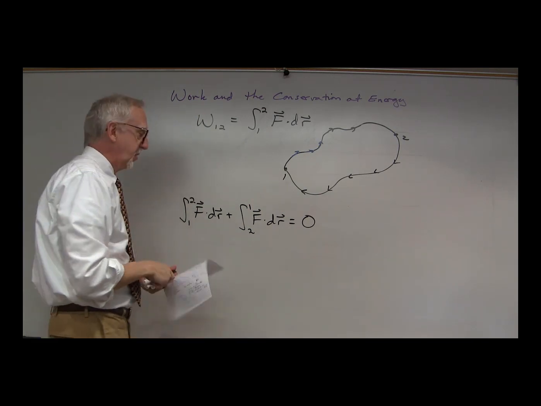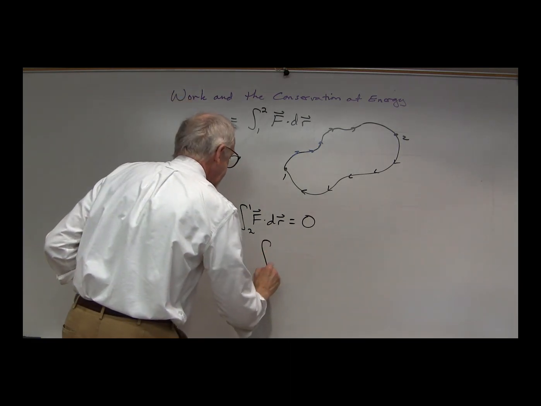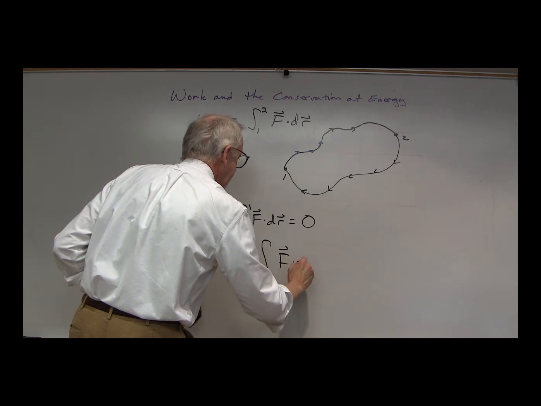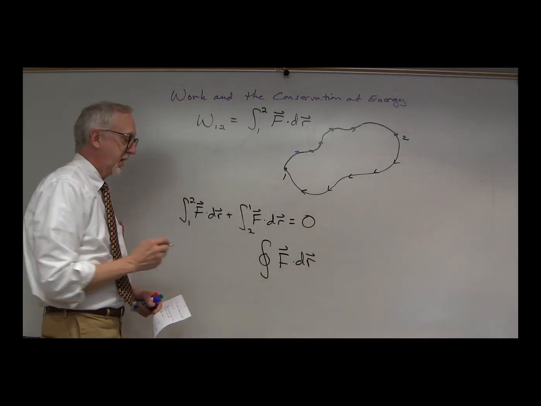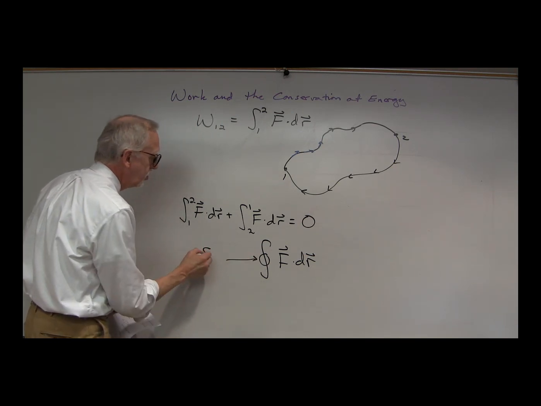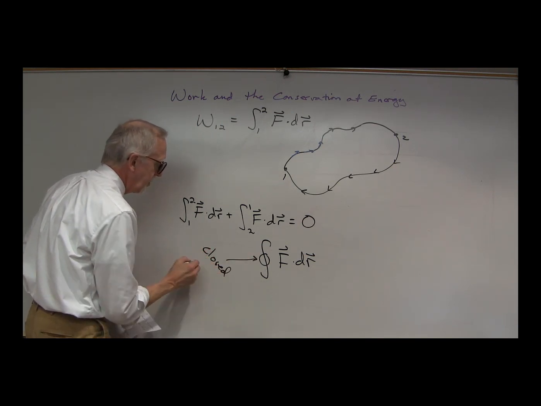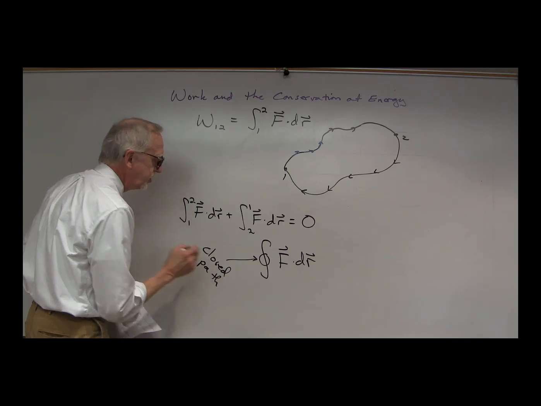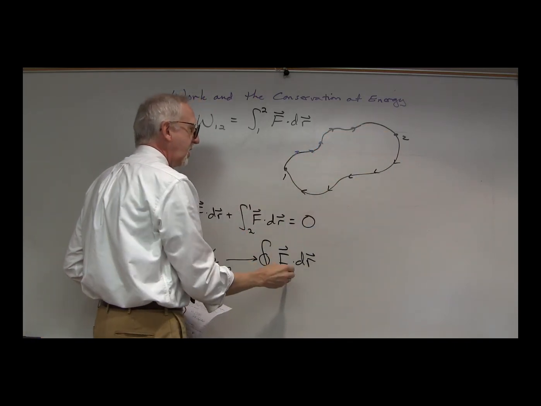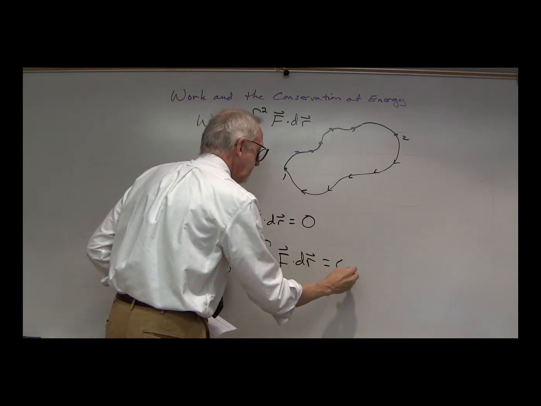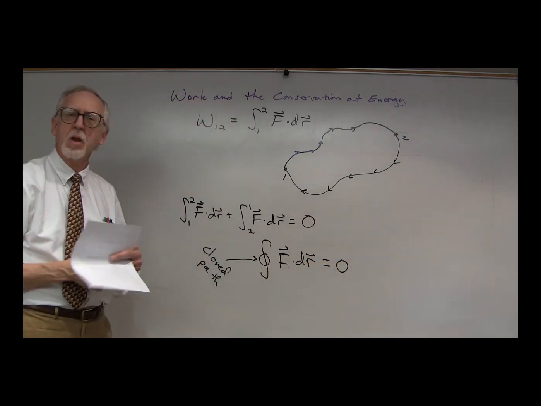We can write this in another way. We write this as an integral of F dot dr, and we put a circle around the integral sign. This means it's a closed path or a closed loop. So wherever we start, we go around and we come back there, we end up with that result being 0.